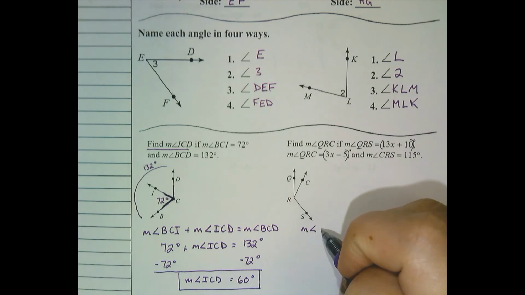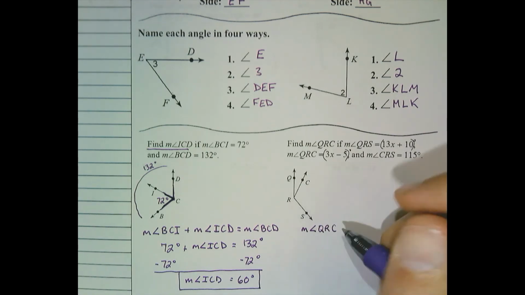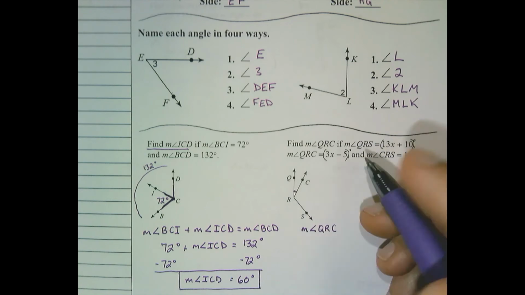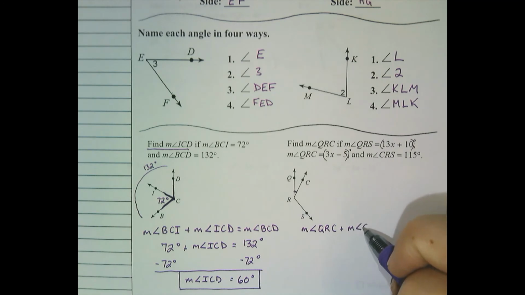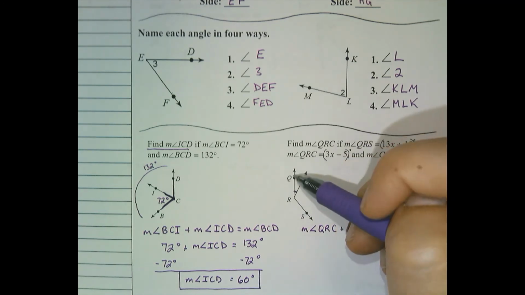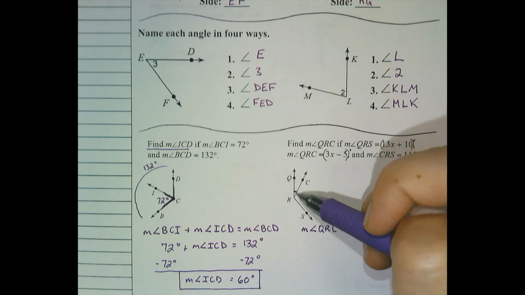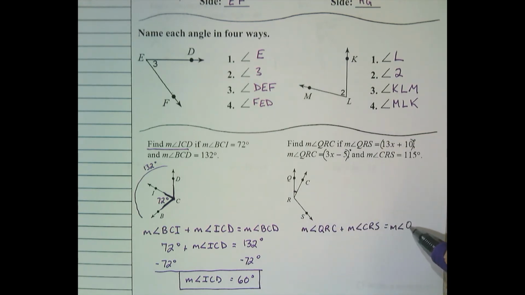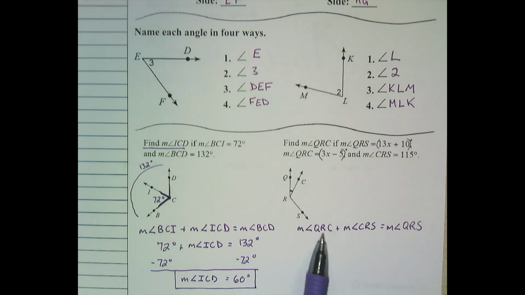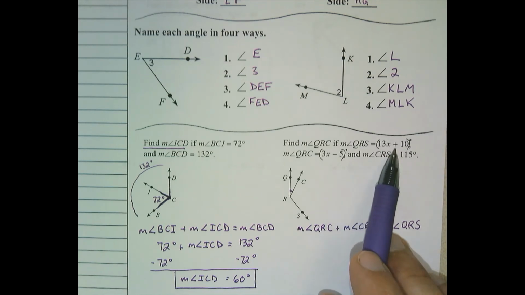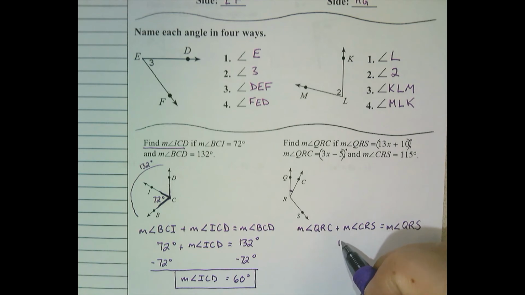Measure of angle QRC, that's this small one right here, plus measurement of angle CRS is equal to the total QRS, so the measurement of angle QRS. And then we want to substitute in our known values. So find QRC, that's our unknown.